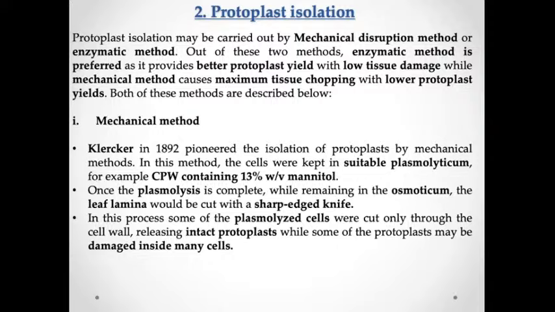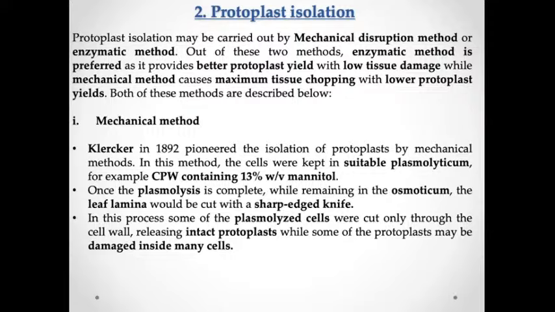Mannitol was used as a washing media to remove the undesirable things. Once plasmolysis is completed while remaining in the osmoticum, the leaf lamina is cut with a sharp-edged knife.